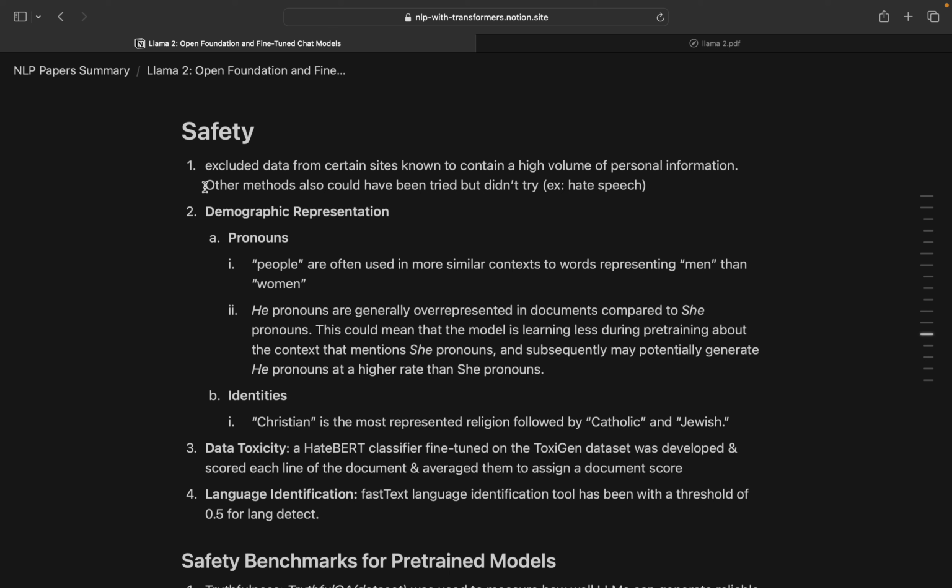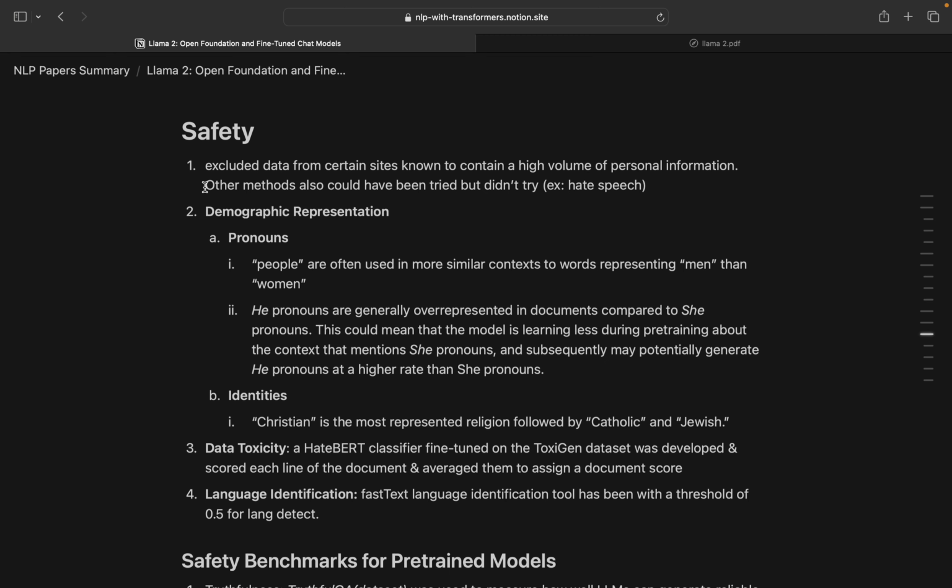If the model doesn't understand hate speech, then you will not be able to identify whether a speech is hate or not hate, right? And if you remove hate speech from the training dataset, you are removing the capability from the model to recognize hate speech. That's what they have mentioned, and that is one of the reasons they didn't go through the cleaning procedure thoroughly.